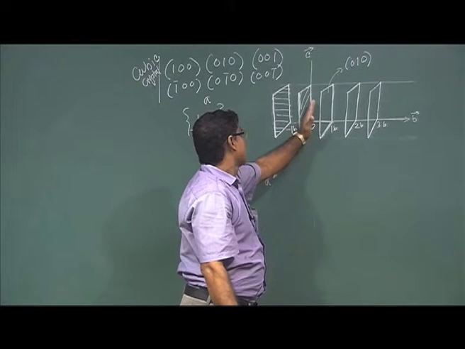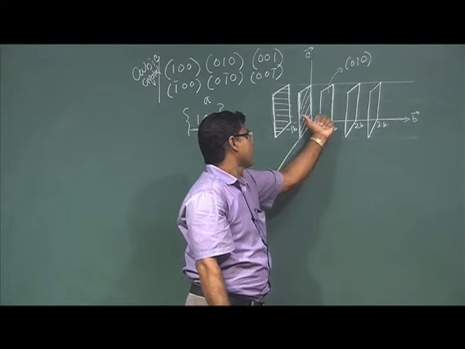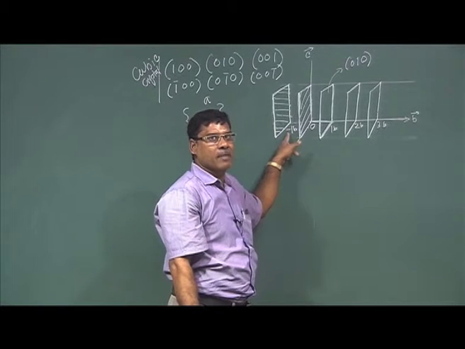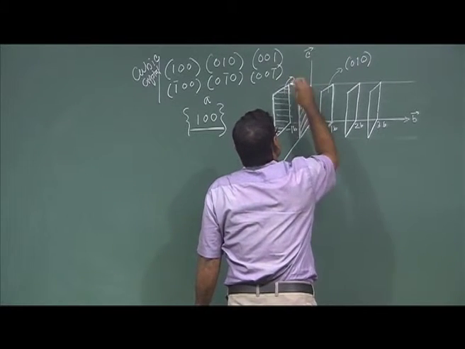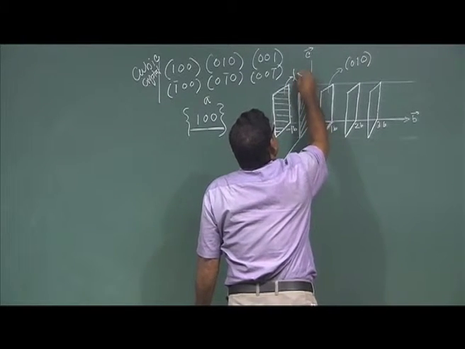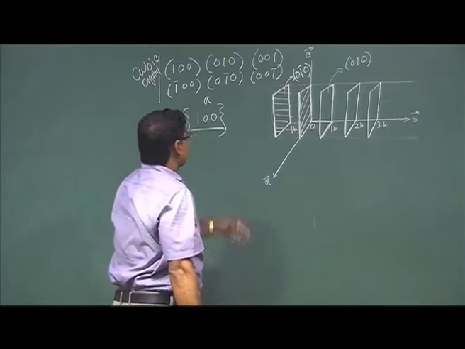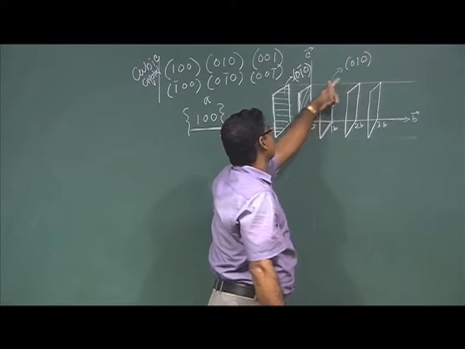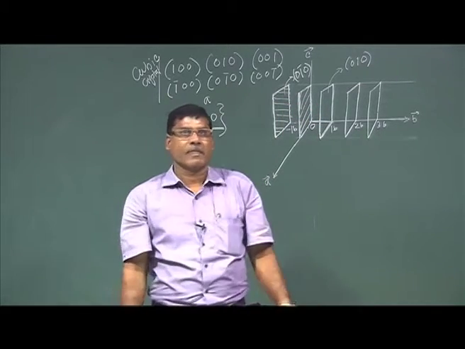So, it will be translated towards the opposite direction of the b axis by value minus 1, okay. So, then this plane is basically 0 1 bar 0, okay. So, plane-wise you can see this 0 1 0 and 0 1 bar 0, these are the same plane, okay, these are the same plane.